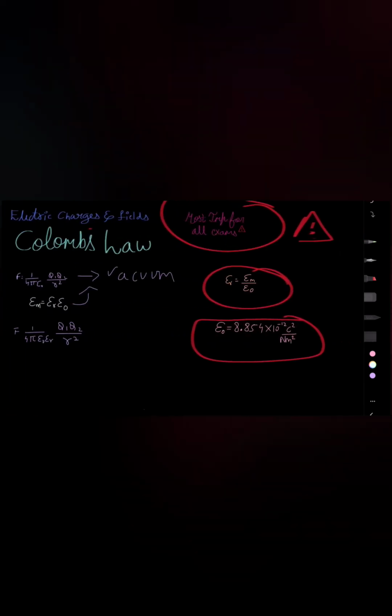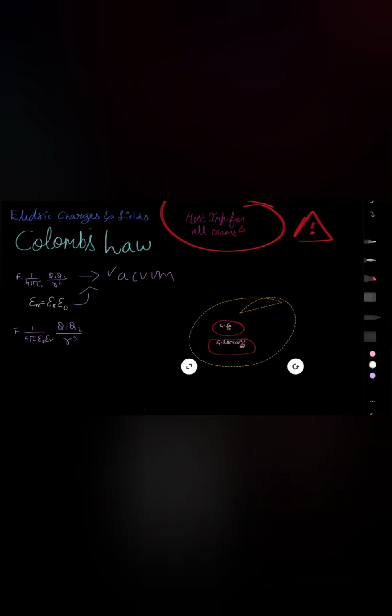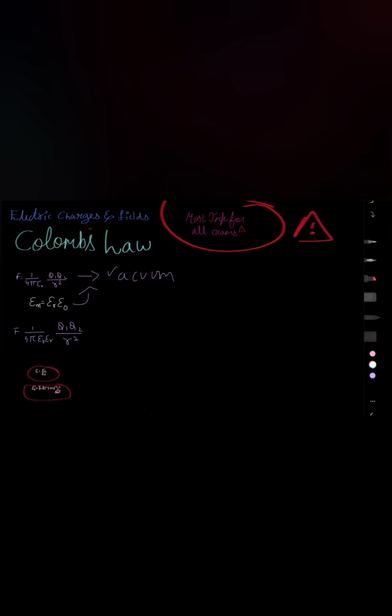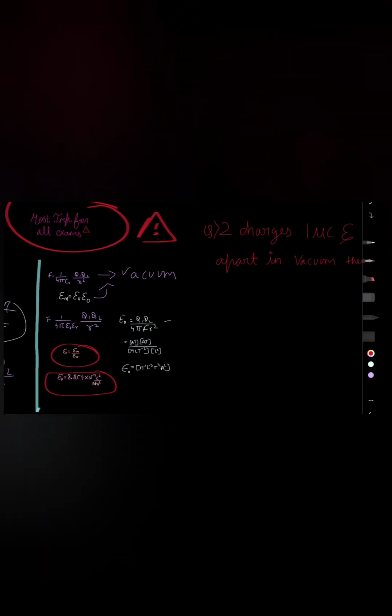So this was the thing about Coulomb's law. Let me set it all in one frame. Now the notes are set. Now we will see a question based on the same thing.